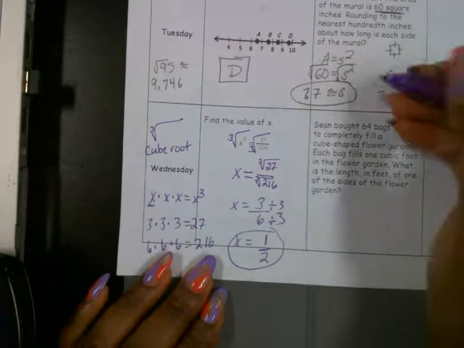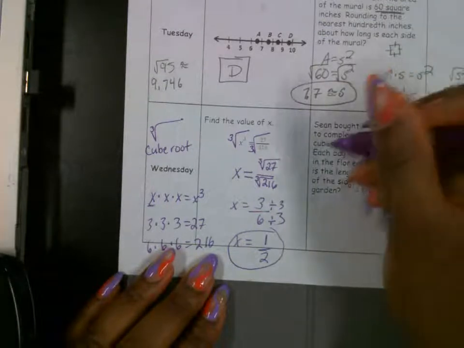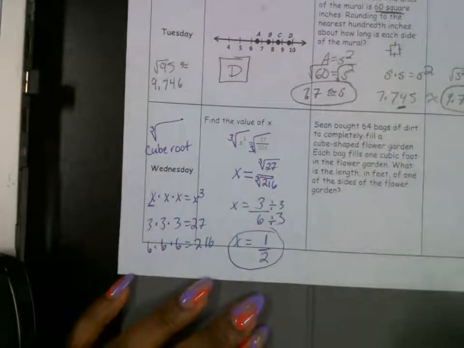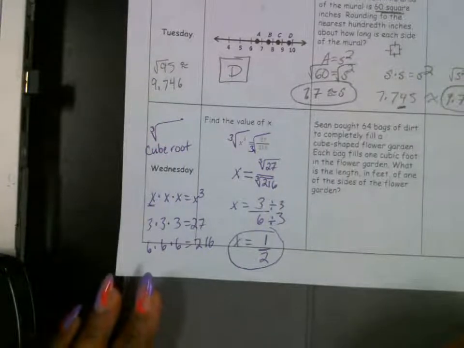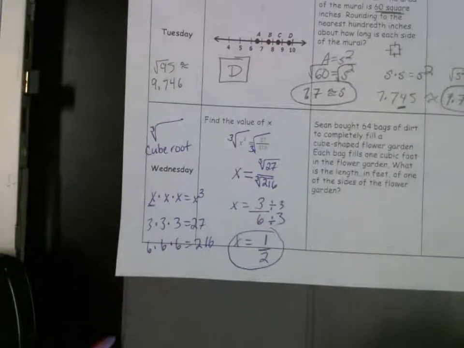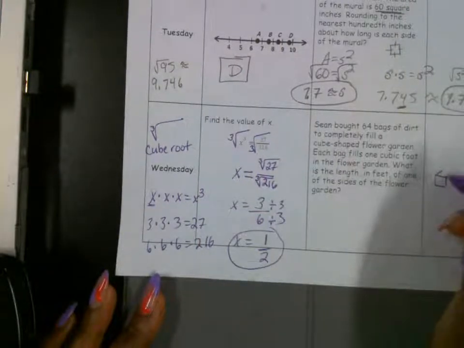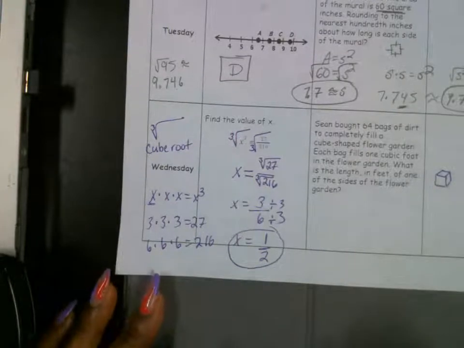Sean bought 64 bags of dirt to completely fill the cube-shaped flower bed. Each bag fills 1 cubic unit in the flower garden. What is the length? Okay, so we know that a cube means that all the edges have the same measurement.